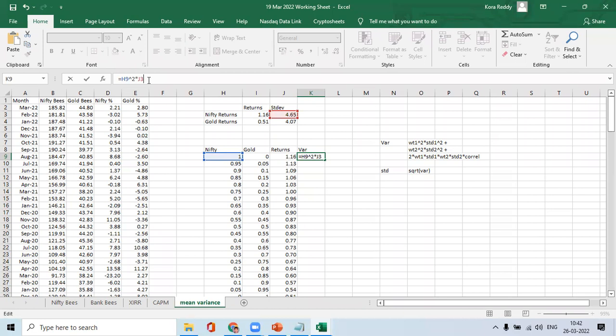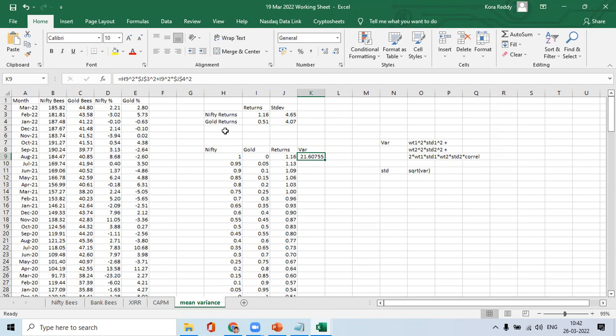And we shouldn't be moving, so I'll lock it with F4, and power 2, plus weight 2, power 2, into standard deviation of the second item. So there is this, and power 2. Plus this second stuff, right? Weight 1 and STD 1 and correlation.